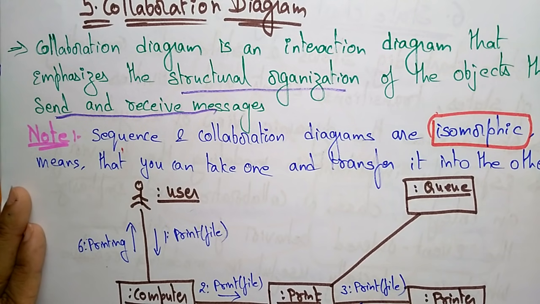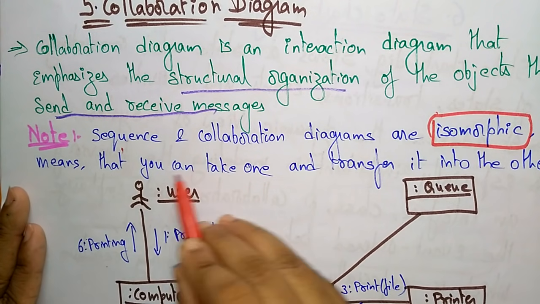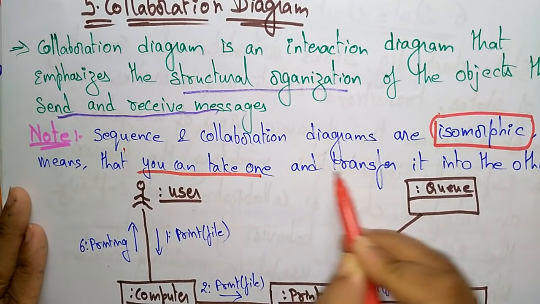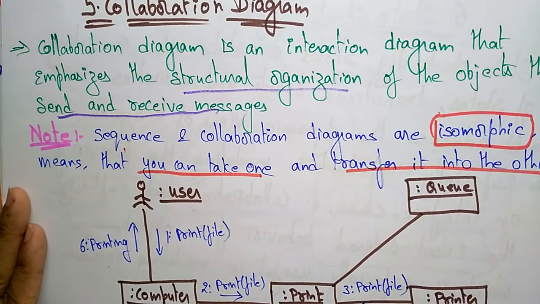What does it mean? It means you can take one and transform it into the other. By seeing the collaboration diagram, you can draw the sequence diagram. If you know the sequence diagram, you can draw the collaboration diagram. No need to search or check the requirements.